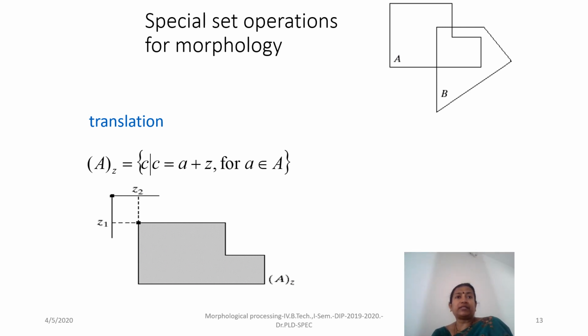Translation: A subscript z, we have already come across the translation represented as A subscript z. It is the set of c such that c equals a plus z, for a belonging to A. This is the representation of A subscript z. This is already covered. Okay, we'll continue with the next.